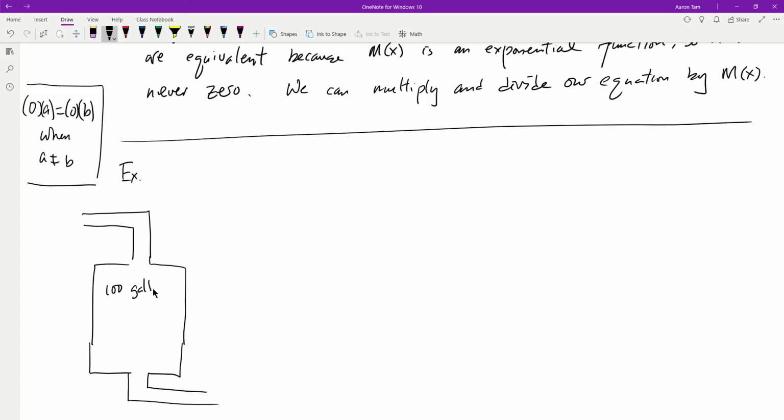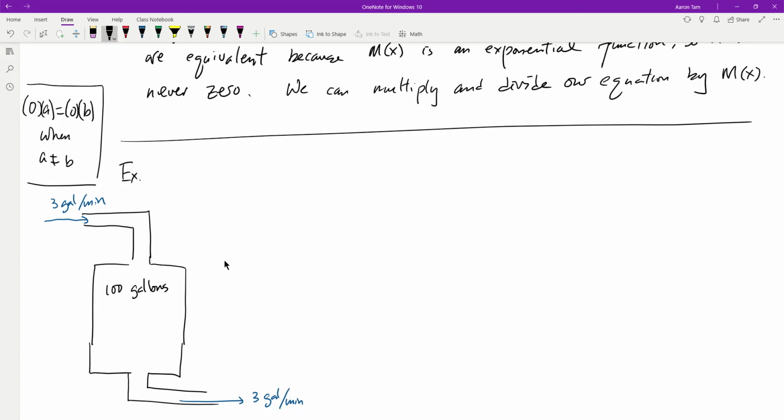And yes, I do like to use 100 gallons because 100 is a nice number to work with. And let's say some kind of salt solution is going in at 3 gallons per minute, and then the liquid also exits at 3 gallons per minute, so that way you can maintain the volume of the tank inside.